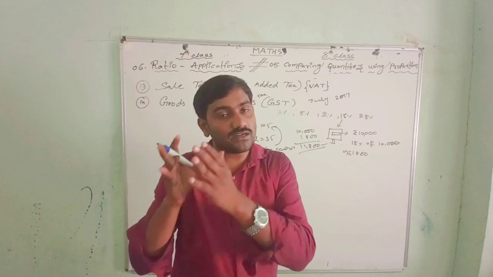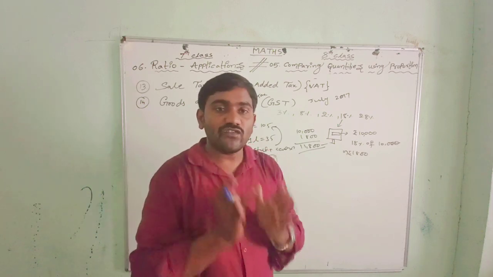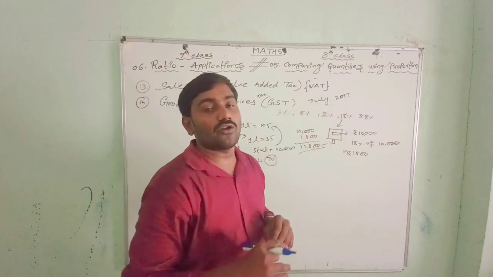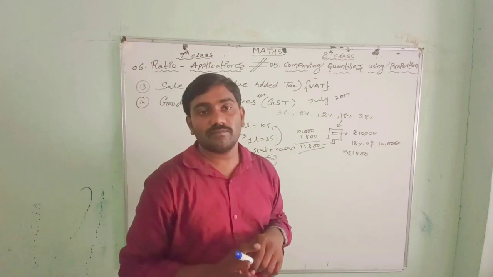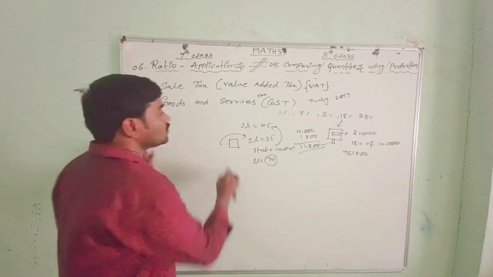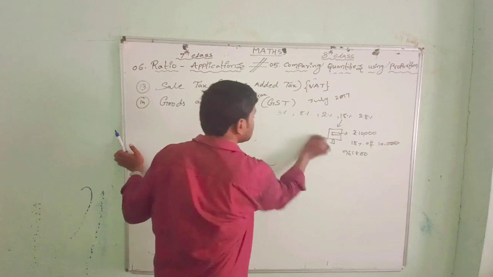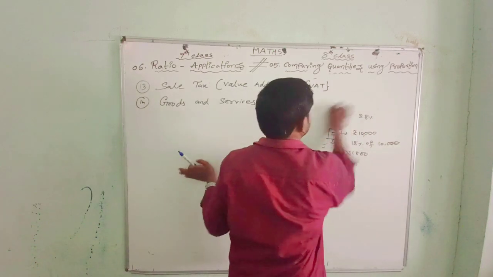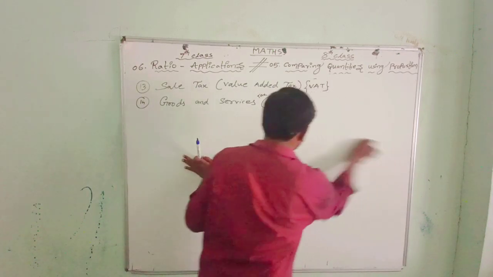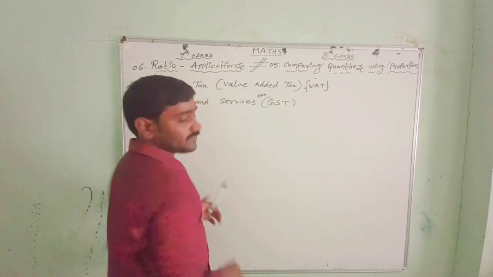The 50% share will go to the state government and 50% share will go to the central government. That is what GST is. Goods and Service Tax also increases our selling price.